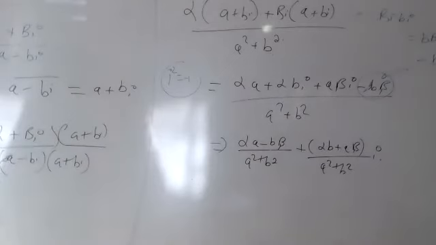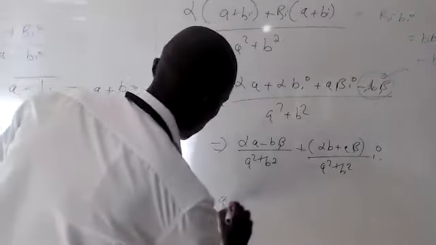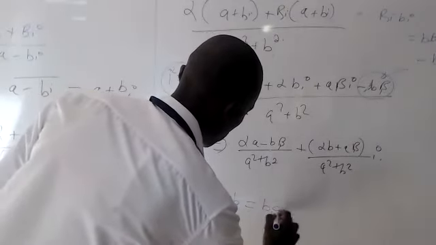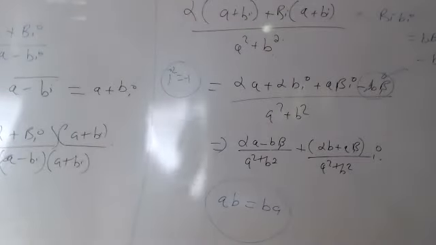Why do you have A beta instead of beta A? Is that a problem? No, there's no problem, because we know multiplication is commutative. So when you write AB or BA, this is the same. Let me give my answer.